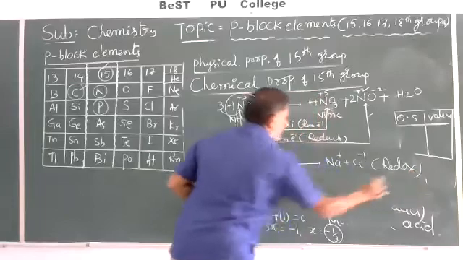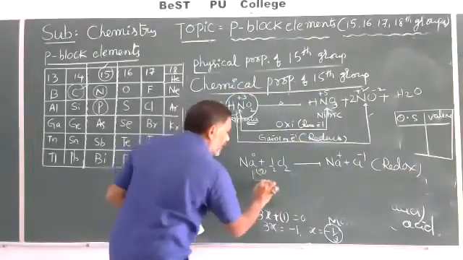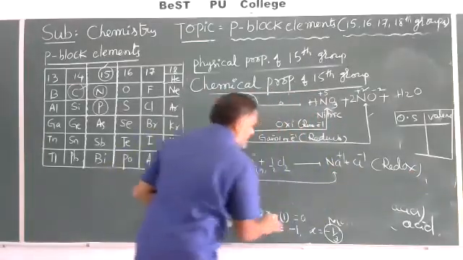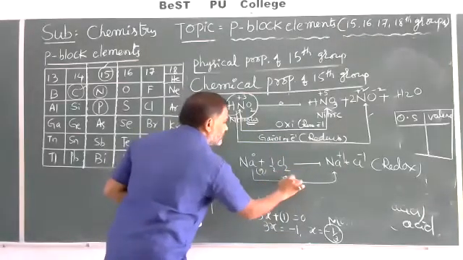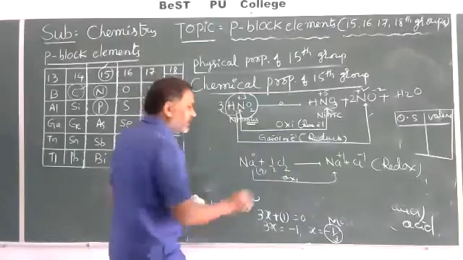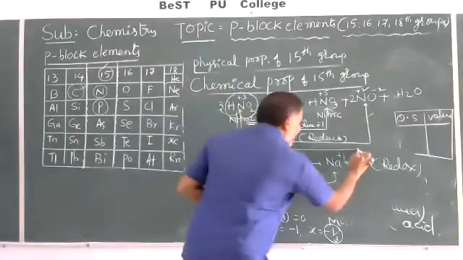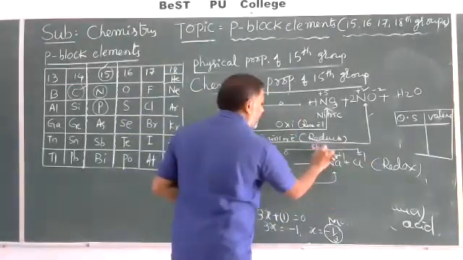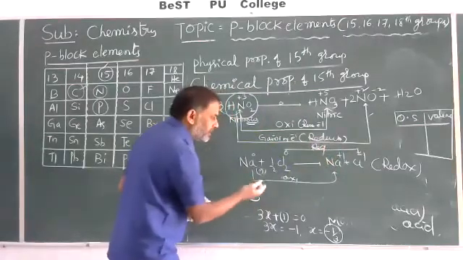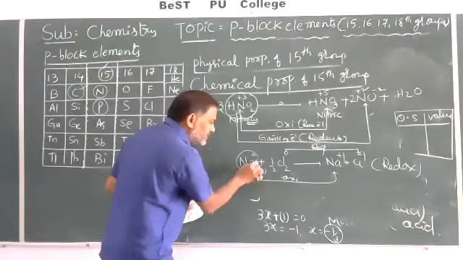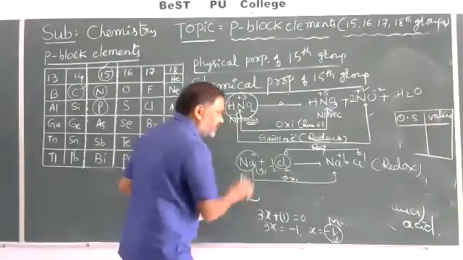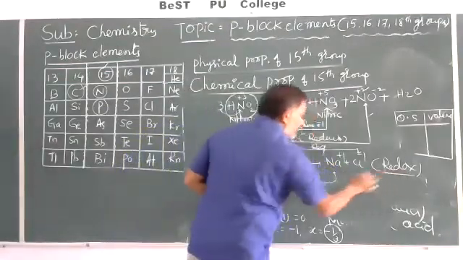This is because sodium goes from 0 to plus 1, positive charge increases. Positive means removal of electron, so an oxidation reaction takes place. Here 0 to minus 1 is gaining of electron, reduction, but oxidation and reduction are not by any one element. Separate. Sodium is oxidation, chlorine is reduction. That is what a redox reaction is.